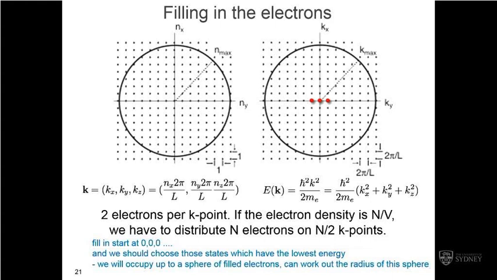So you start with the lowest energy. This is where your electrons will go, and you will keep filling up the lowest energy reciprocal lattice points or wave functions, whatever you want to call them. Okay? And it might go out depending on how many electrons you've got.